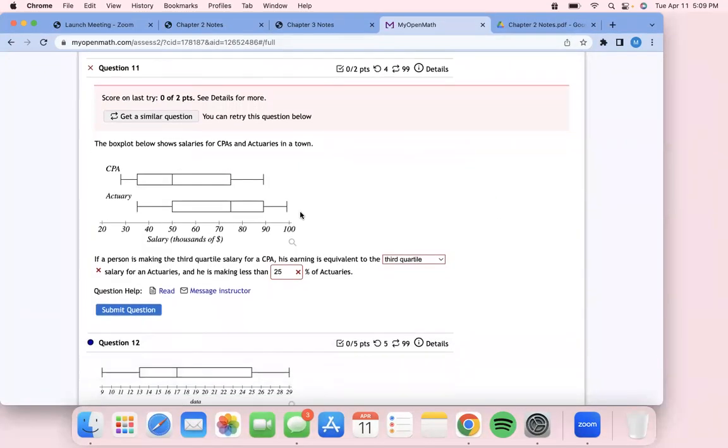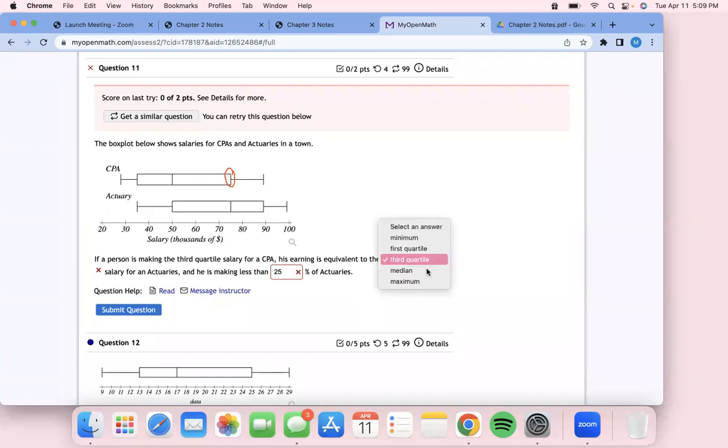Mine. So a person is making the third quartile salary as a CPA. So that's going to be, let me see, where's my annotate? Third quartile is going to be about right there for a CPA, right? Yeah. So the third quartile for a CPA is about at the median for an actuary, isn't it? Because they're about the same. Yeah. So your answer is going to be median for that one.